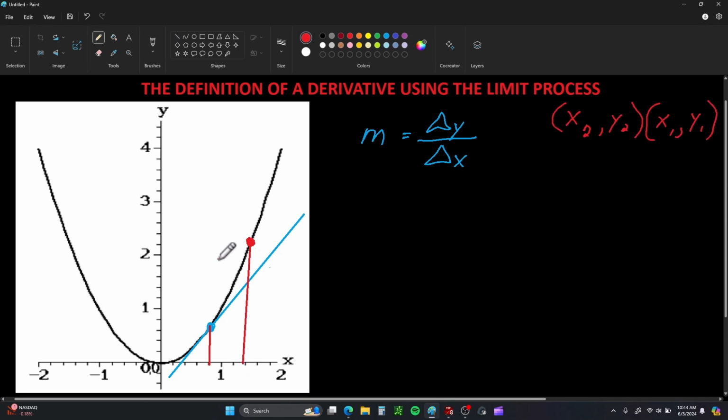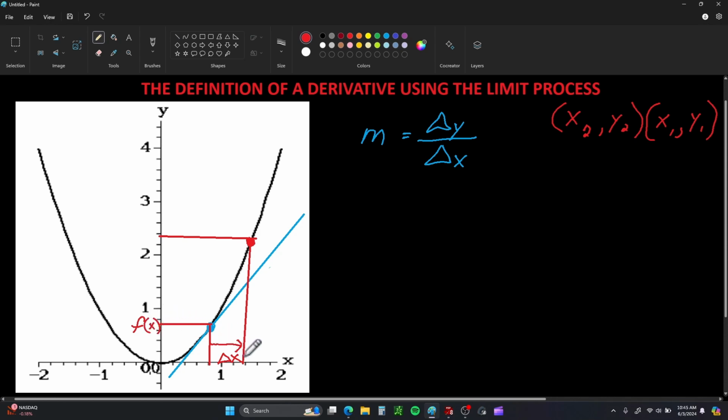Well, the x2 point, this one over here, changes by some distance from the original x, and we'll call that delta x. And delta just simply means change. And then talking about the y coordinate, the original x has this y coordinate, y equals f of x, so I'm just going to call that f of x over here.